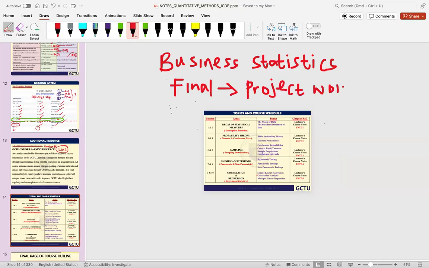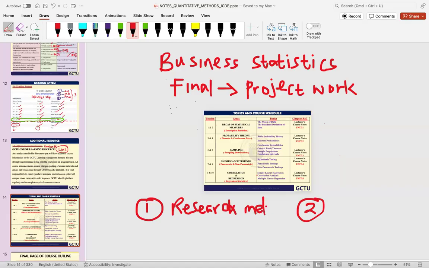there are two things that you are supposed to focus on. The first one is the course title, Research Methods.